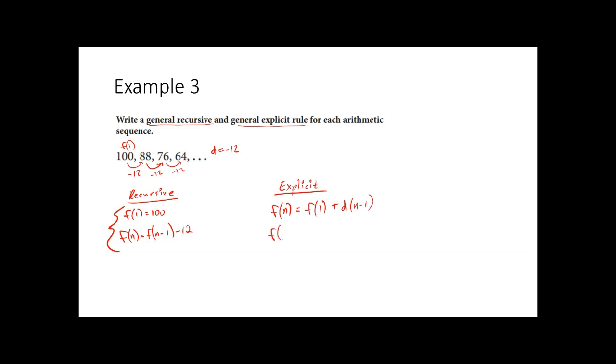So f of n equals our first term, which is 100, plus our difference, which is really just minus 12, or negative 12. So it's going to be minus 12 times n minus 1. You can always double check with a table and start substituting in for your new values for your sequence.